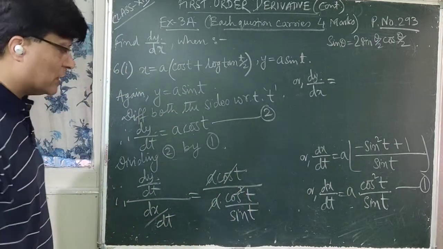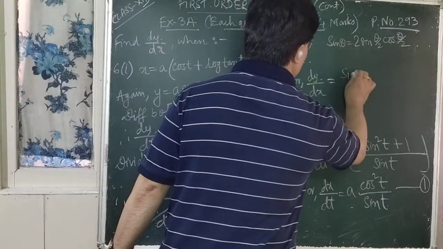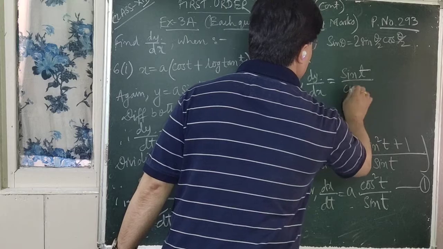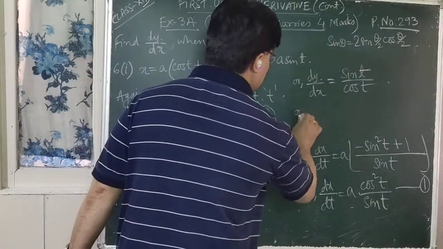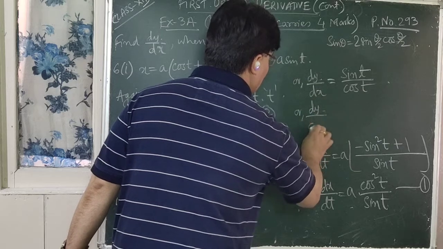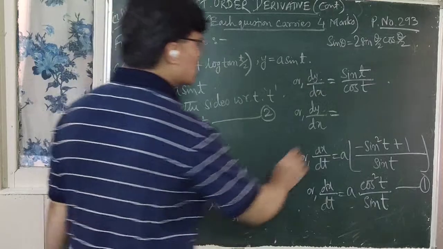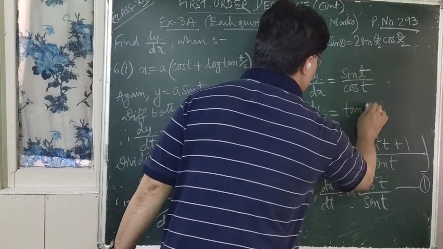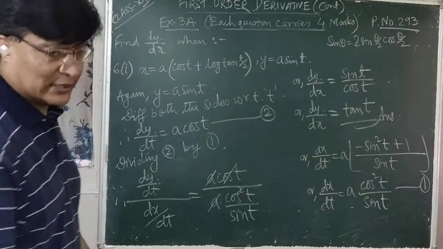So in the denominator it is cos t by sin t. When it goes up in the numerator, it becomes sin t by cos t, right? So what is the value for dy/dx? That is dy/dx is equal to, what is the answer? What is sin t by cos t? It is tan t. So this is the final answer.